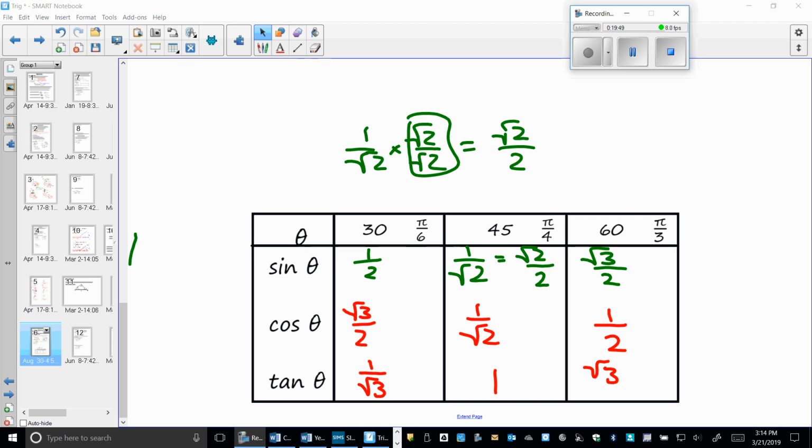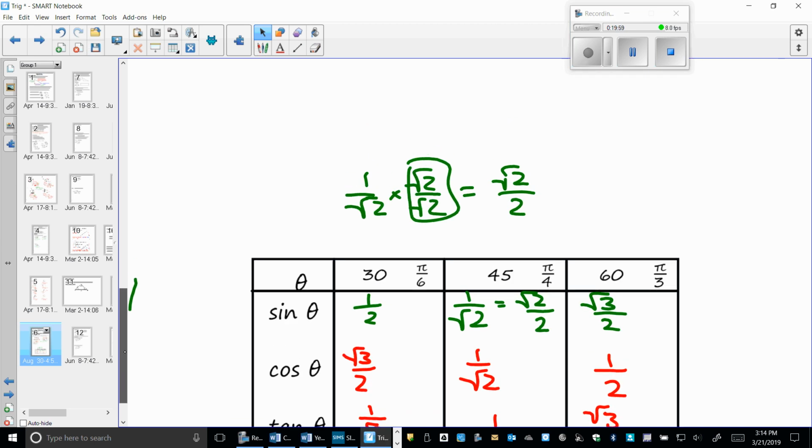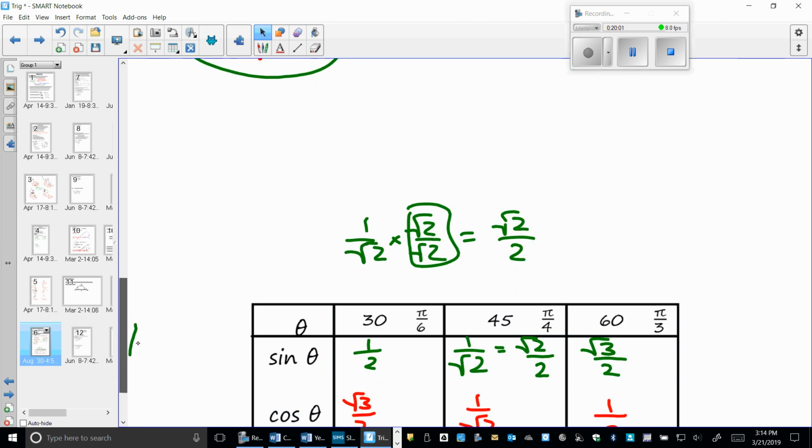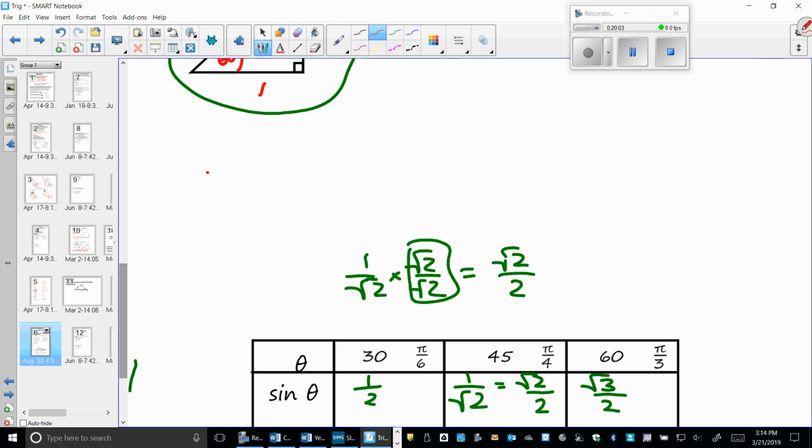Alright, so from the triangles we get those other values. Now, the tricky thing about not learning this table is that sometimes you may get a statement that says something like cos theta equals root 3 over 2, and you need to solve for theta.